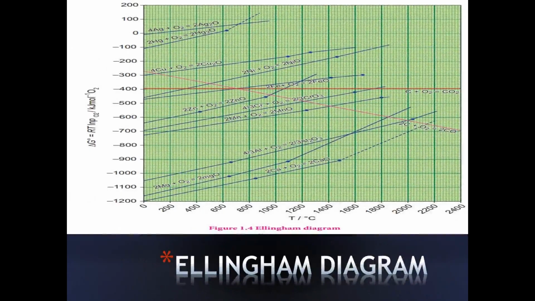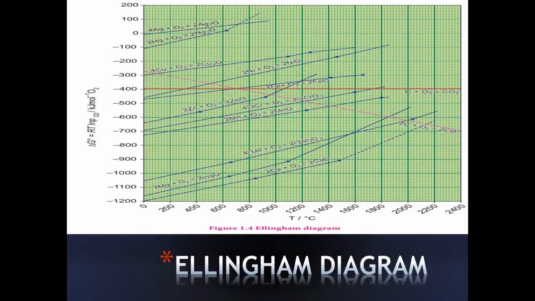Now see the diagram. It is also in your book. On the y-axis is del G equal to minus RT ln Kp. By plotting against temperature, we are calculating del G. By increasing the temperature, the del G value also increases. Let's see what observations we get from this Ellingham diagram.